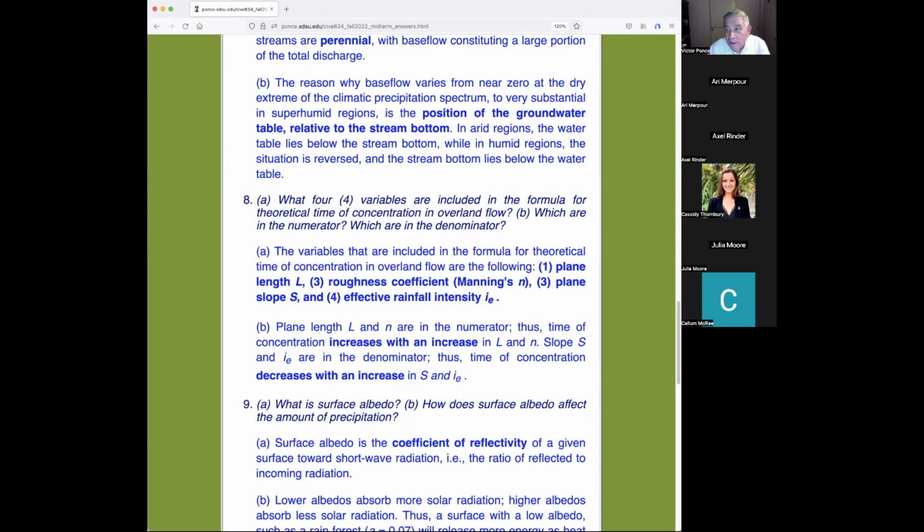And I thought it was a very good contribution, because up to that day, there were two equations for the calculation of time of concentration.